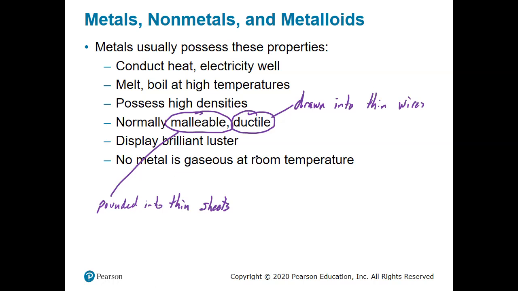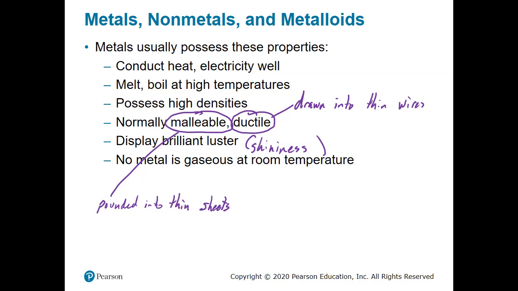Metals are known to have a brilliant luster. Luster is just another way of saying shiny. And as I mentioned before, none of these metals are going to be gaseous at room temperature. Almost all of them are solid.